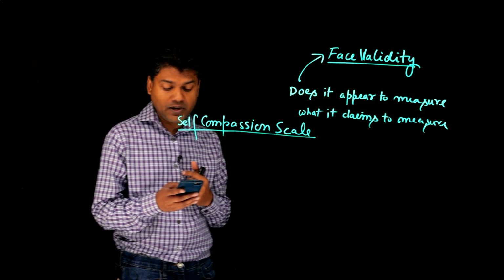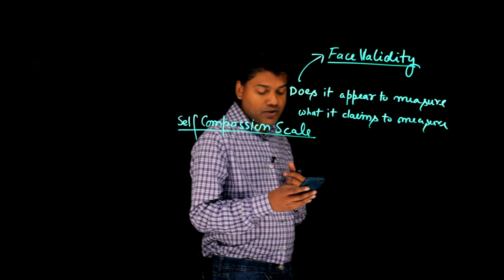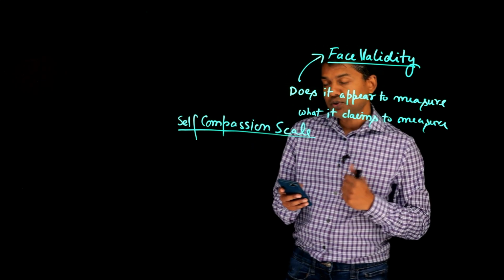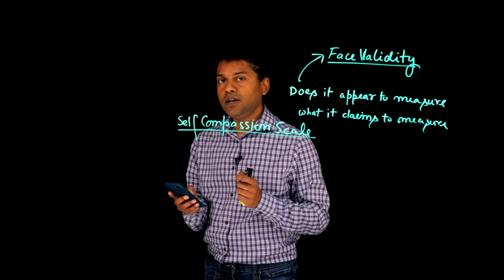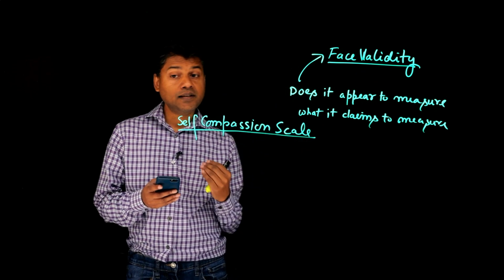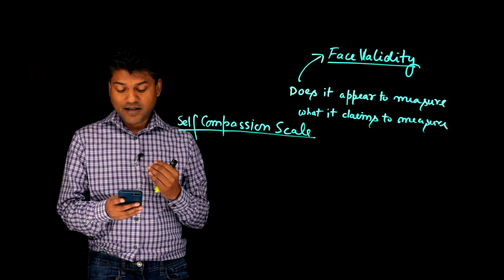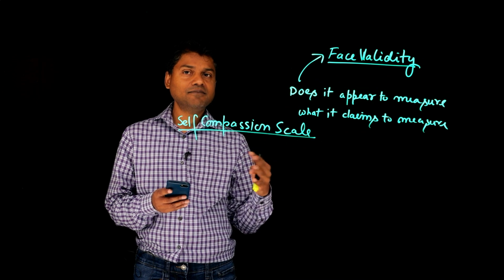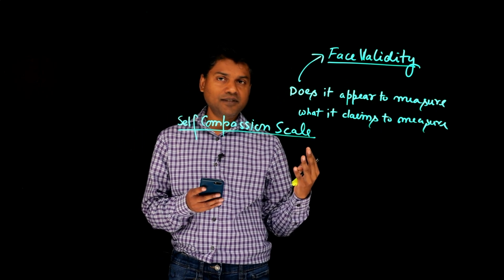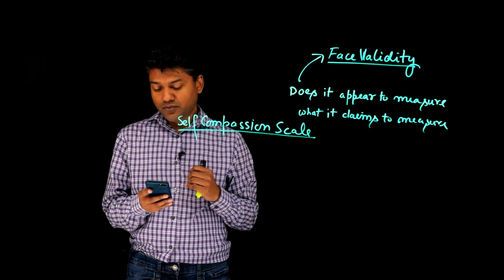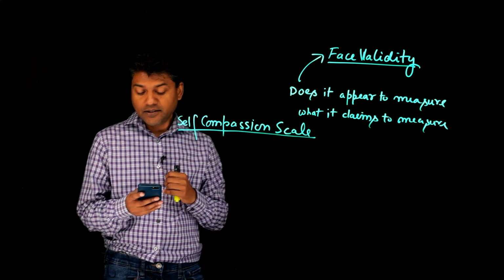Let's try another item. I try to be understanding and patient towards those aspects of my personality that I do not like. Again, if somebody says, yes, it's like me, then it seems that this person is more patient with themselves, so maybe having self-compassion. Let's look at another item.